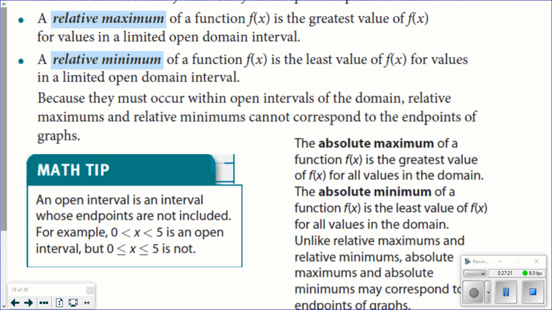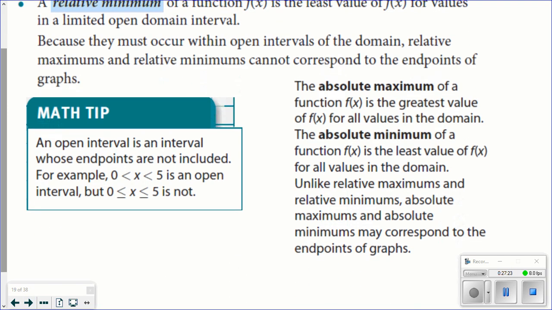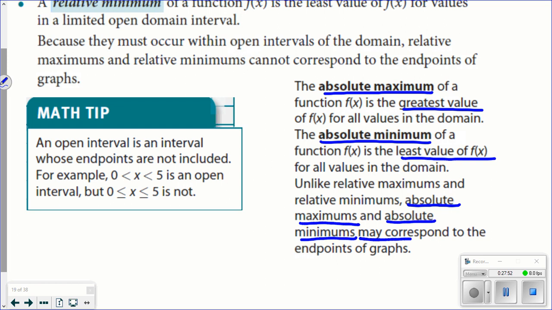Now, think about the word absolute. If I said the absolute maximum of a function is the greatest value no matter what, the absolute minimum is the lowest y value no matter what. Unlike relative maximums and relative minimums, absolute max and absolute min may correspond to the endpoints.